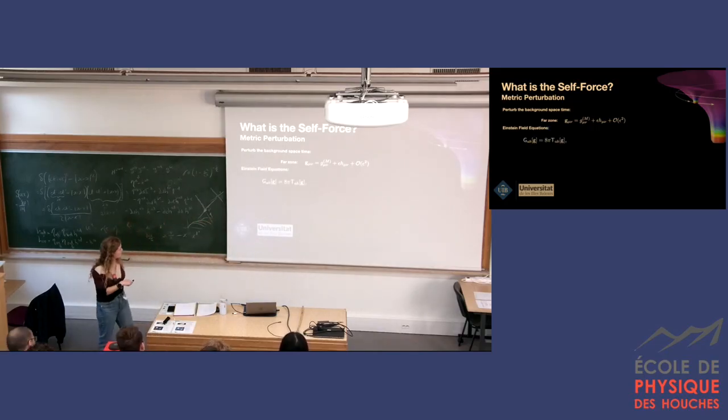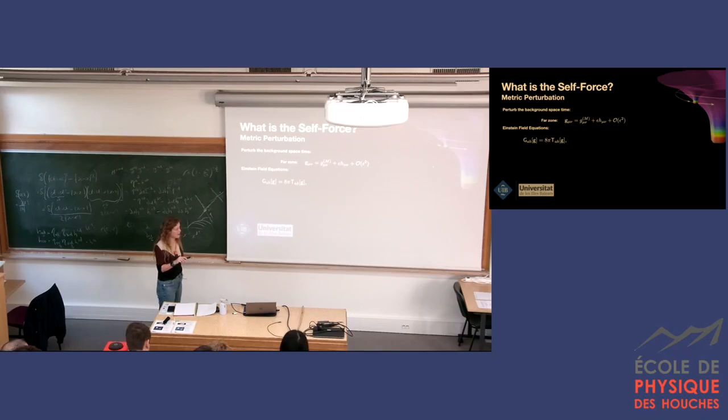If we go back to our Einstein field equations, the way we look at it in the self-force is this is now the metric of your full space-time. Our background space-time is not Minkowskian, it's actually going to be the background black hole, so a Kerr black hole ideally, and then a perturbation from the existence of the small body in space-time.